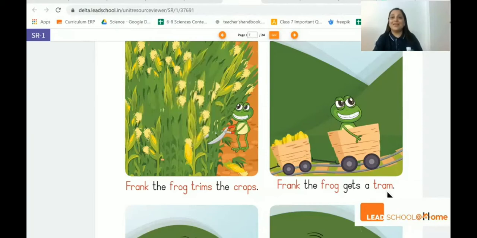Tram. Now listen to the sentence. Frank the frog gets a tram. Frank the frog gets a tram. Now you say it once. Good.